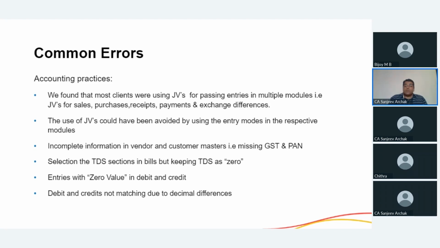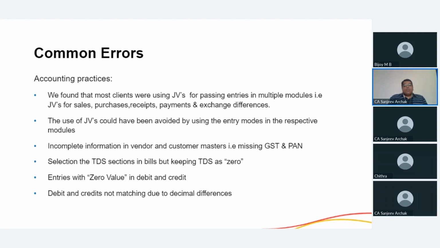The differences were very minute, right? It could be in decimals of 0.001, but due to these decimal differences, we weren't able to migrate everything as we wanted. So this was the list of common errors that we saw, both in terms of features as well as the accounting practices.